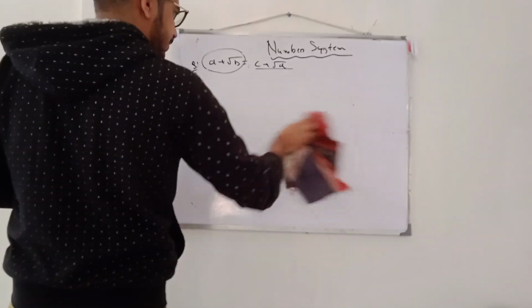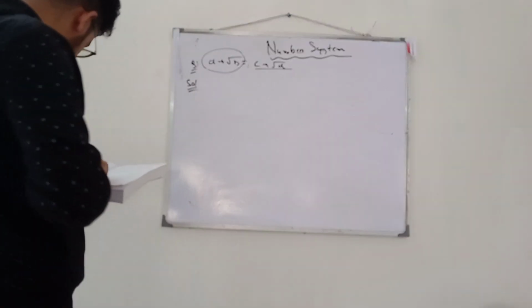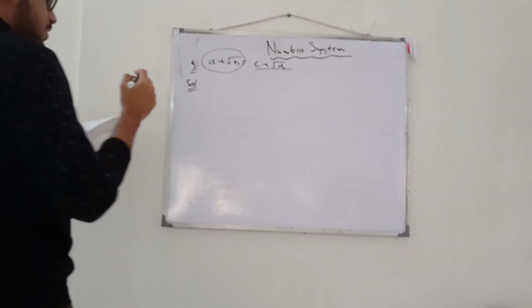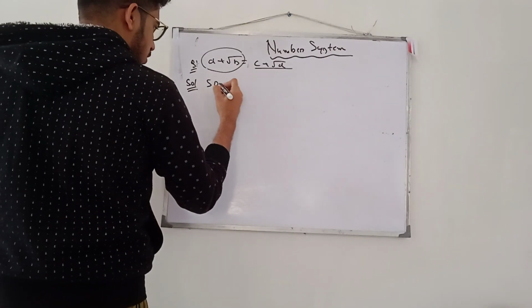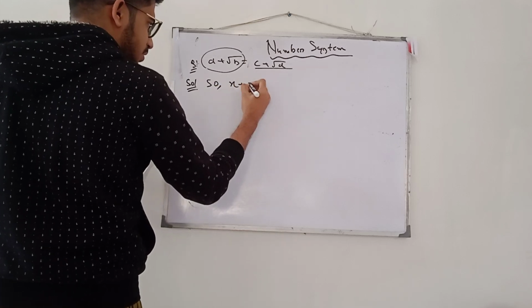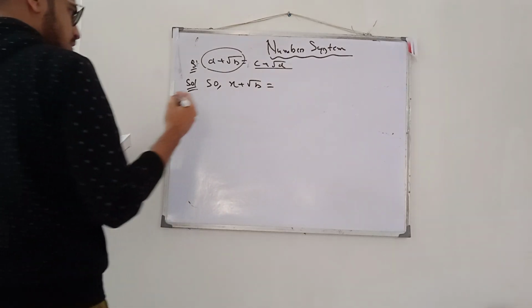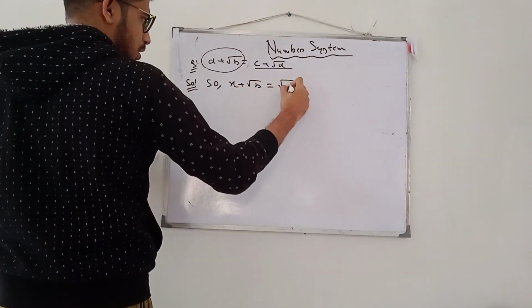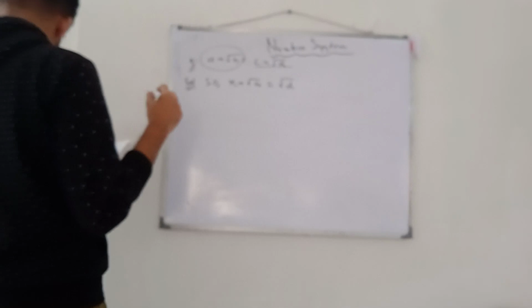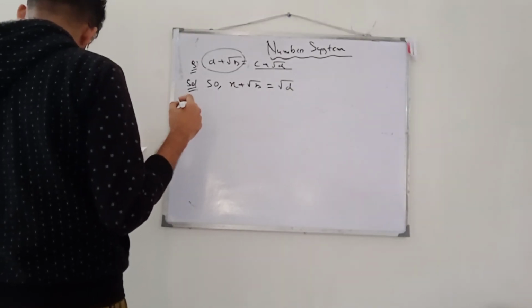Okay. Now we are moving to the next line. Next line they are saying x plus root b is equal to root d.